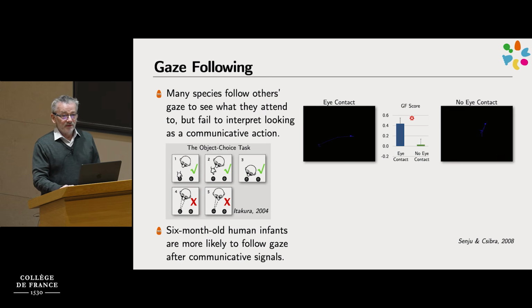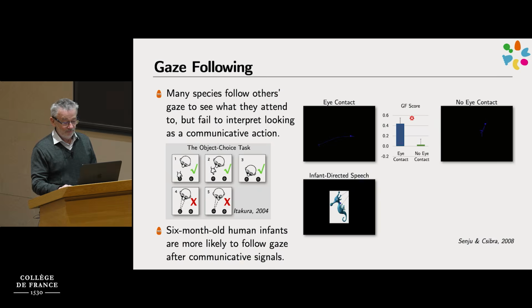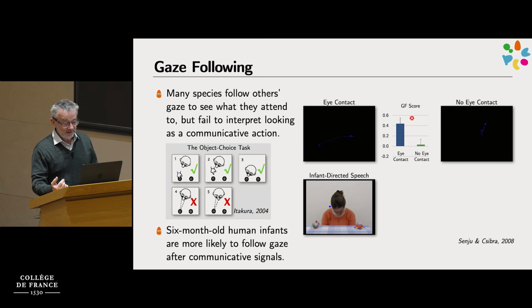And eye contact is not the only communicative signal. As I mentioned, there are other communicative signals that infants are sensitive to. If you precede head turning by infant-directed speech, then they're likely to follow the gaze.